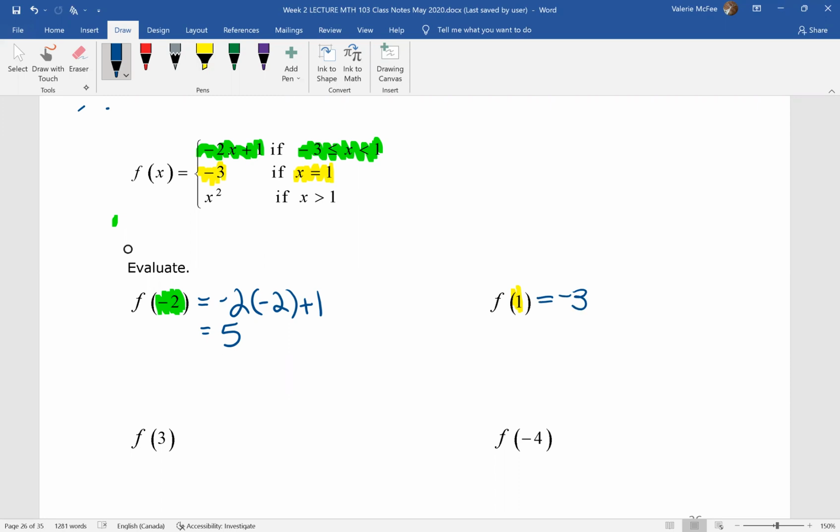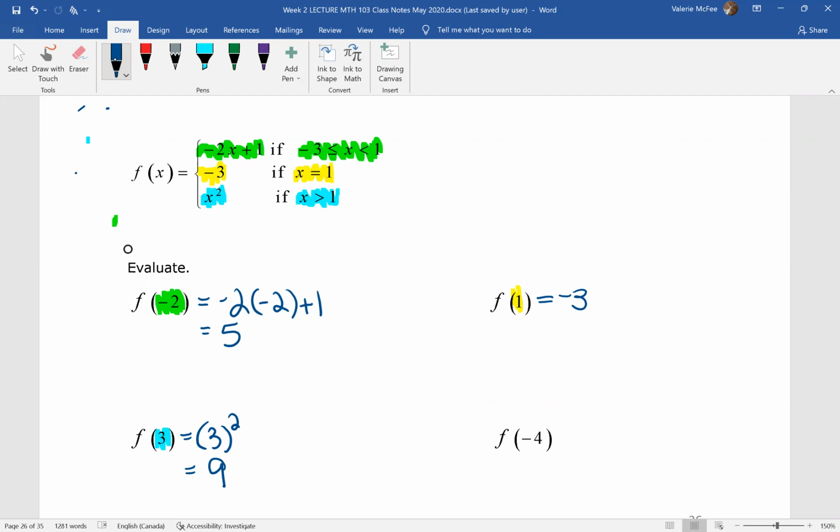What about the f of 3 and the f of -4? I see that 3 is greater than 1, so we're going to use this equation. The f of 3 equals 9.